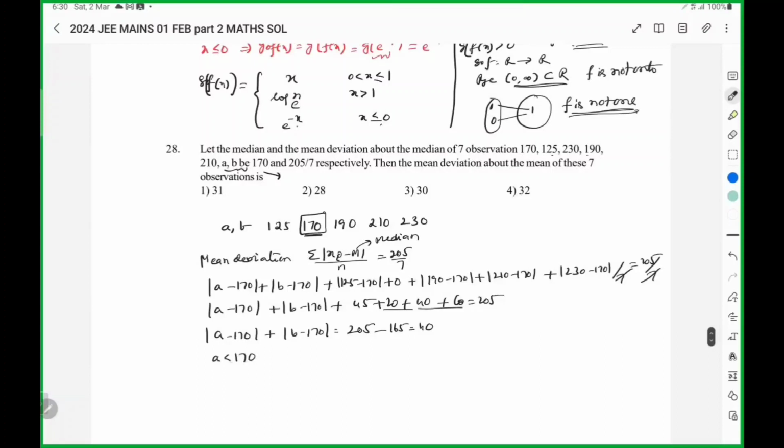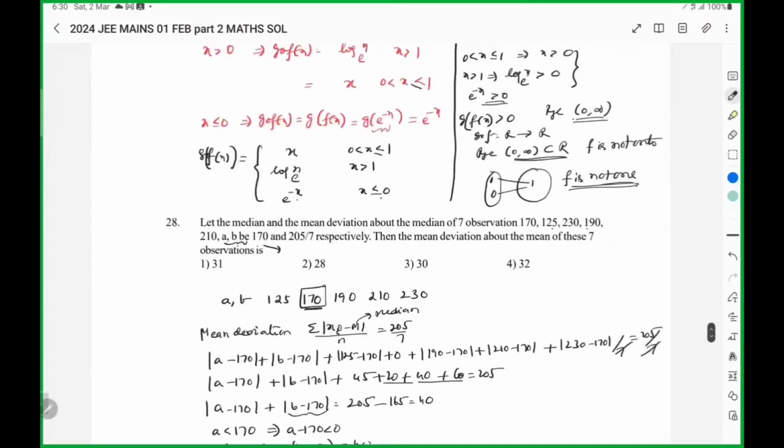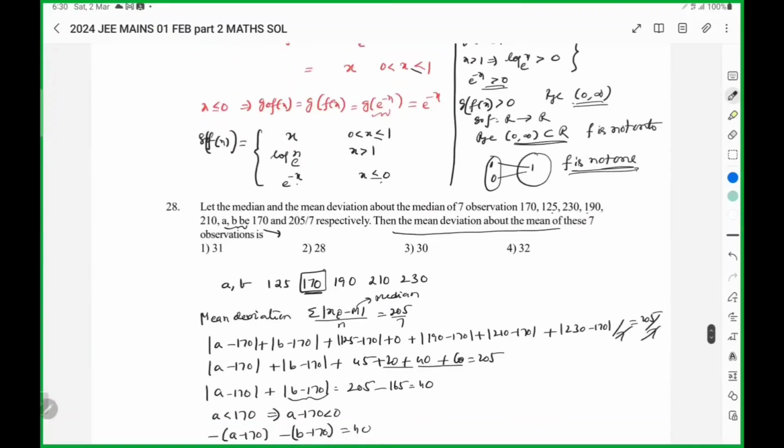So A less than 170 implies A minus 170 is negative. Similarly, this is also negative, so we get minus A minus B plus 340 equals 40, so A plus B becomes 300.